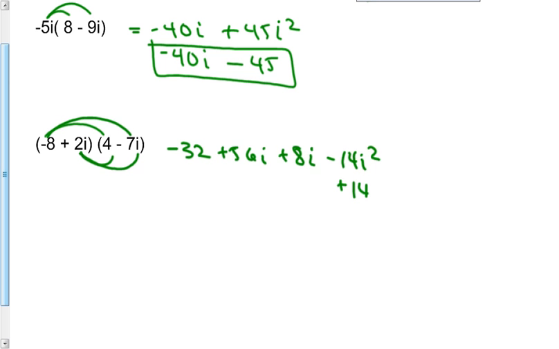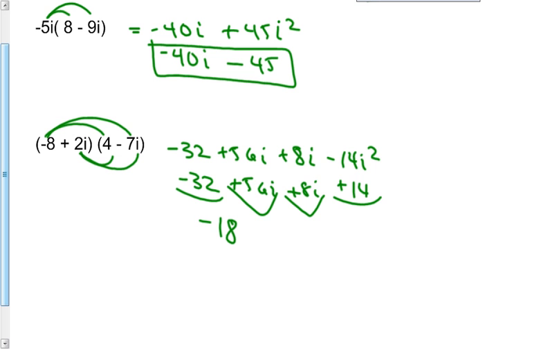This then creates positive 14, negative 32 plus 56i plus 8i. Your plain numbers, negative 32 plus 14. There's your plain constants that go together. Negative 32 plus 14, and then 56i plus 8i, 64i.